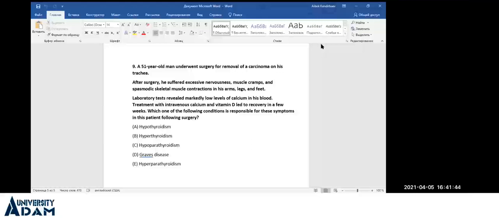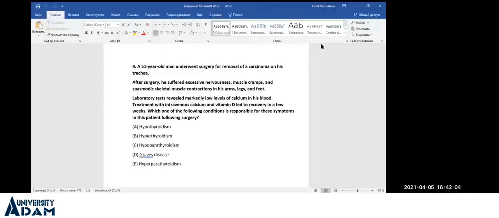Treatment with intravenous calcium and vitamin D led to recovery in few weeks. Which one of the following conditions is responsible for these symptoms in this patient following surgery? Hypothyroidism, hyperthyroidism, hypoparathyroidism, Graves' disease, hyperparathyroidism. Ma'am, hypoparathyroidism.